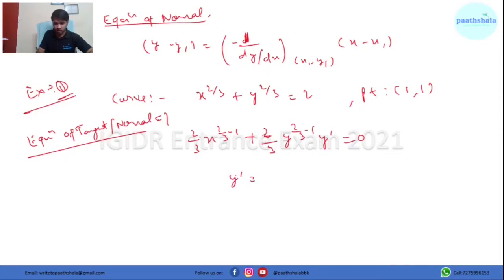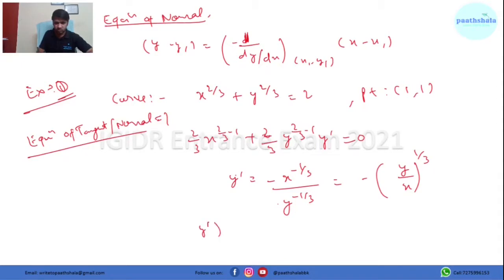So y dash comes out to be minus x to the power minus 1 by 3 and y to the power 1 by 3. Alternatively, we can write it as minus y upon x, the whole power 1 by 3. Now we have to find the value of slope at point (1, 1).